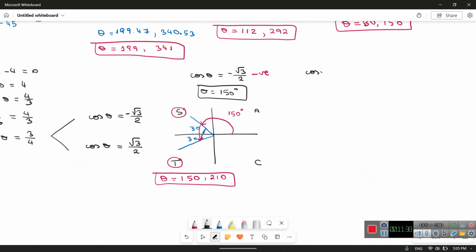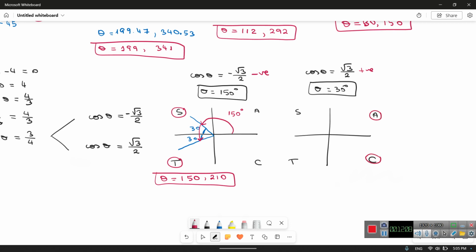We do get a second set of solutions from cos theta as root 3 over 2. If I work out root 3 divided by 2 using a calculator, we get 30 degrees. If I do the quadrants, all, sine, tangent, cosine, cos is positive in the first and fourth quadrant.